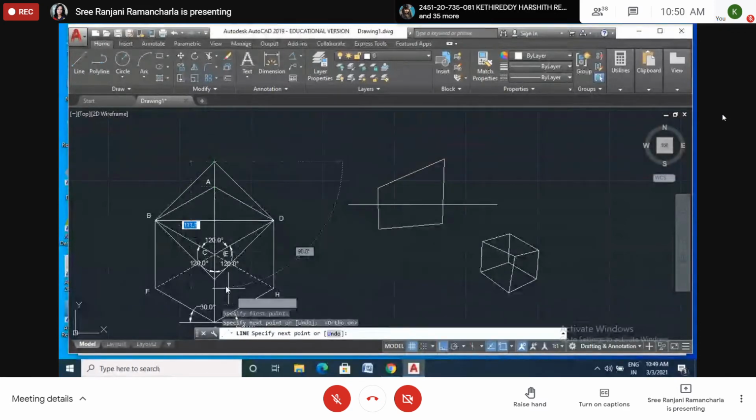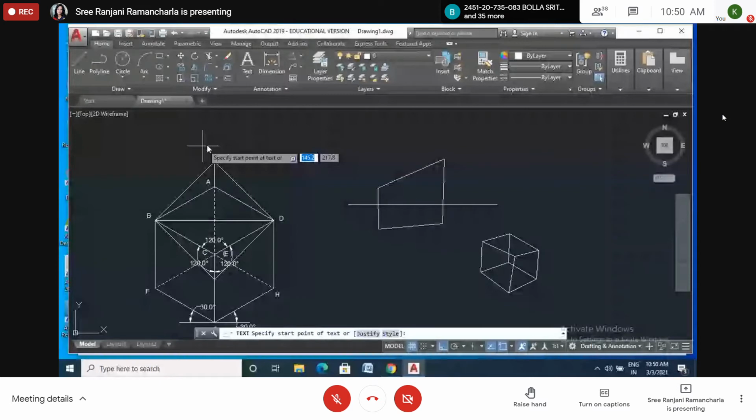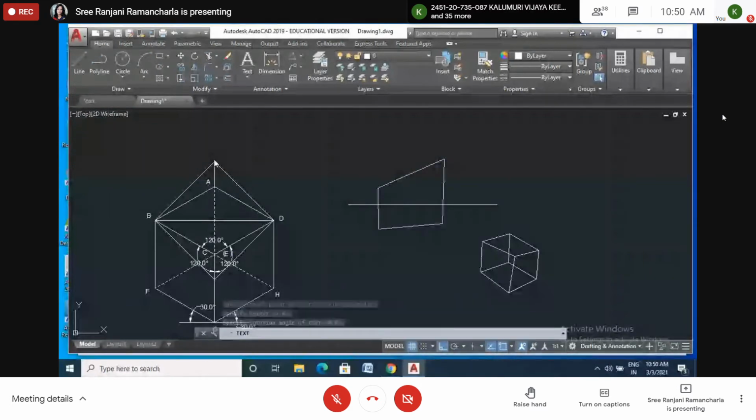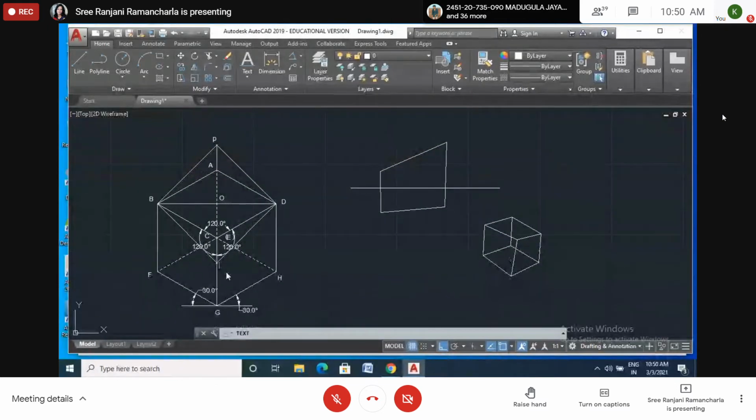Now here we'll give the name P. Here is O, the center. And this point as Q.